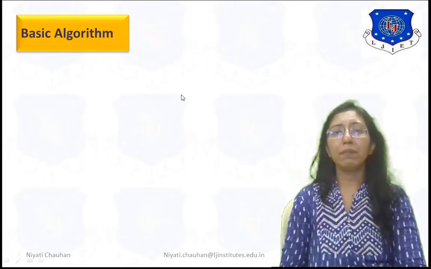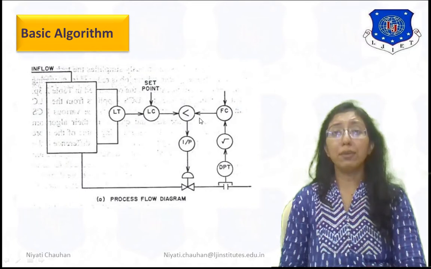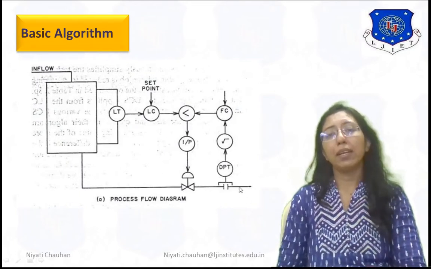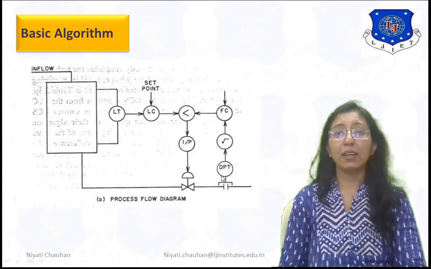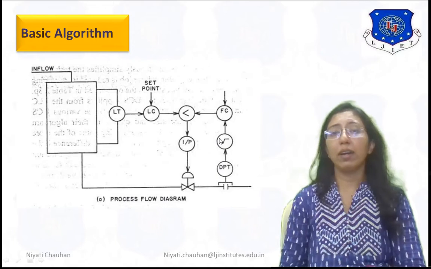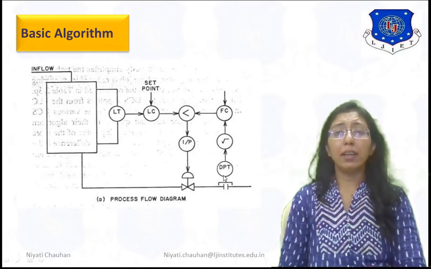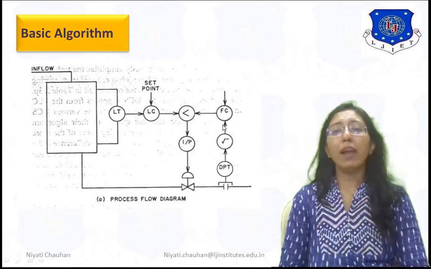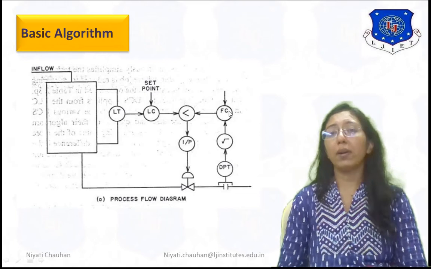Basic algorithm. Process flow diagram. In this diagram, the differential pressure transmitter output goes to square root extraction, right? Means the input gets the square root function. Then this value goes to the flow controller.